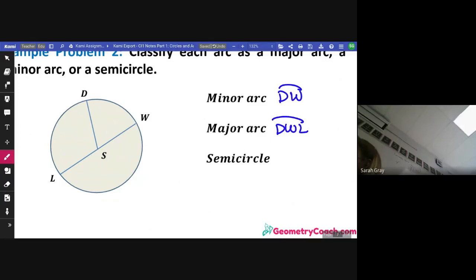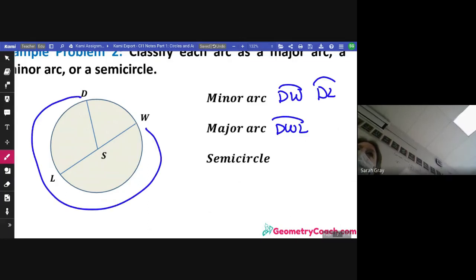Let's see. How about arc DL? Minor. How about the arc that would go from D to W?